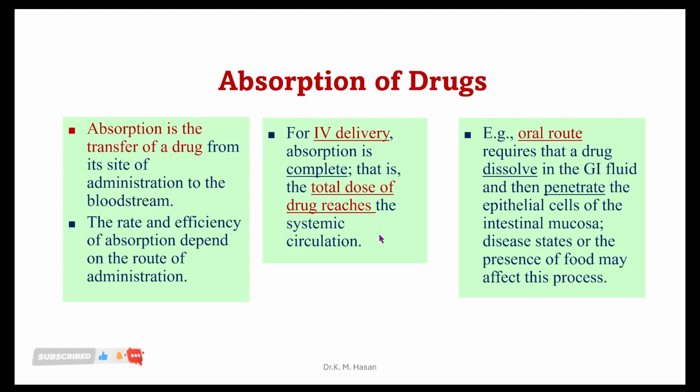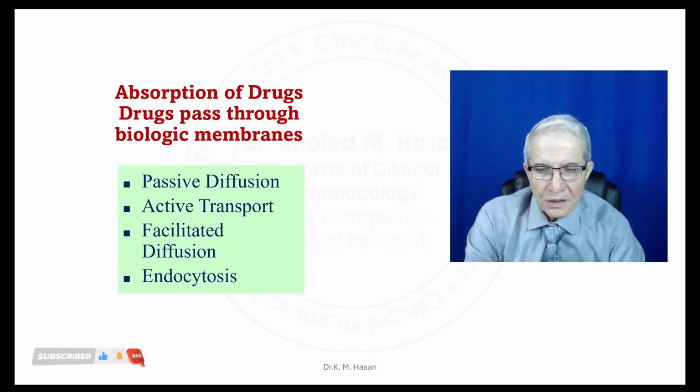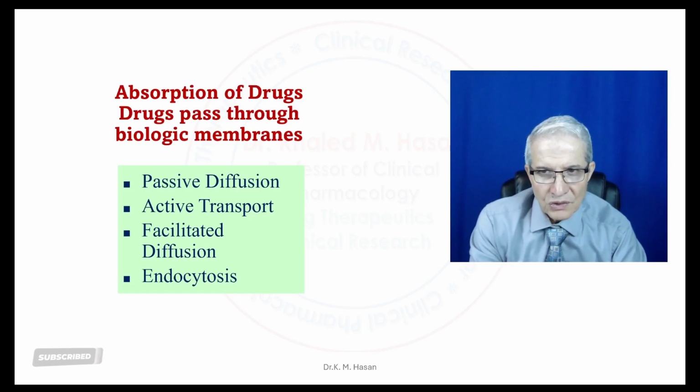So this is the important issue here. If you prescribe this medication orally, it is required to dissolve in the GI system, penetrate epithelial cells and intestinal mucosa, and is affected by different disease states and food in the GI system. So maybe we expect the absorption of the medication to be lower. Absorption requires drugs to pass through the biological membrane through several mechanisms of crossing.